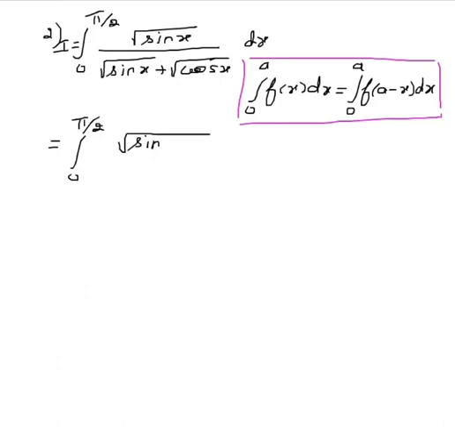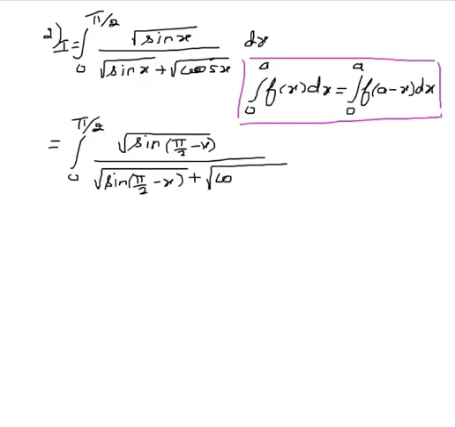So the function becomes root of sine of pi by 2 minus x divided by root of sine of pi by 2 minus x plus root of cos of pi by 2 minus x times dx.